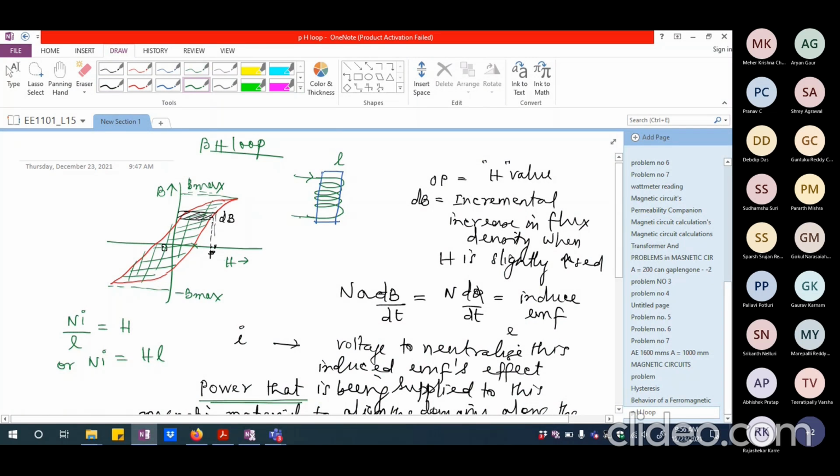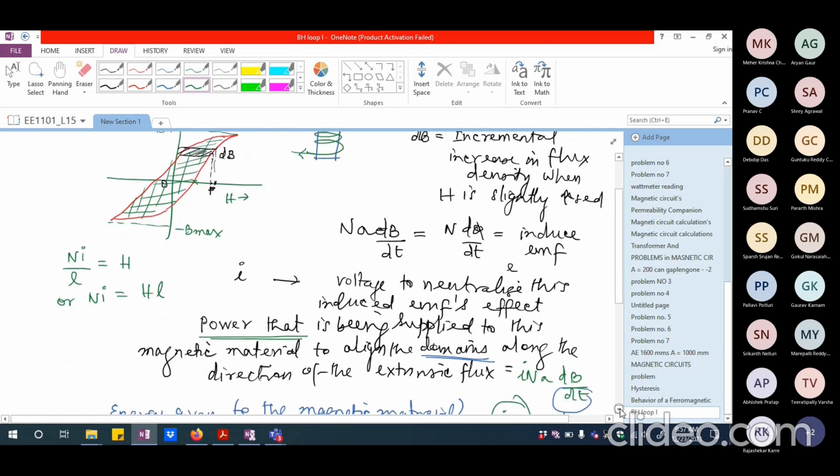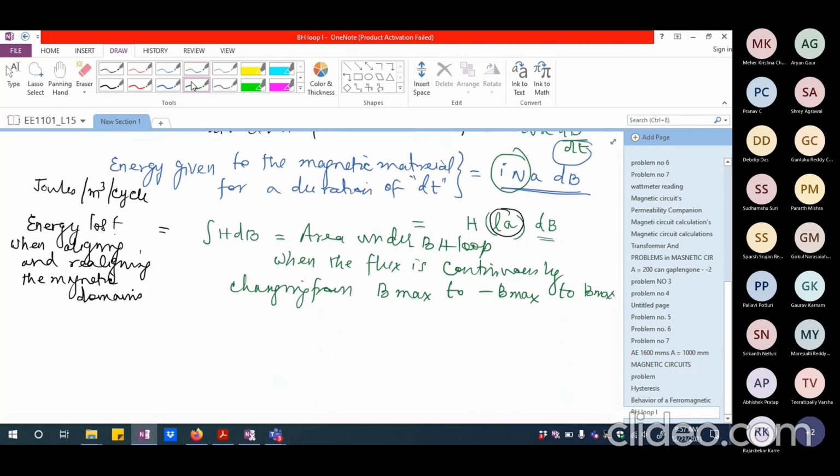So this is going to align and realign repeatedly when I am applying an alternating current for this excitation, and this magnetic material is continuously going to have its moments aligned and realigned, which means it is an unnecessary job done, can't help it, but that is going to result in physically aligning and realigning these magnetic moments, because of which there will be a loss. So whenever we talk about hysteresis loss, this is what we mean by hysteresis loss.